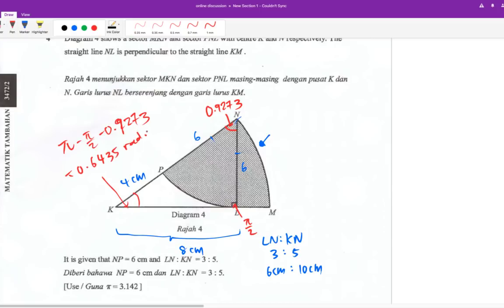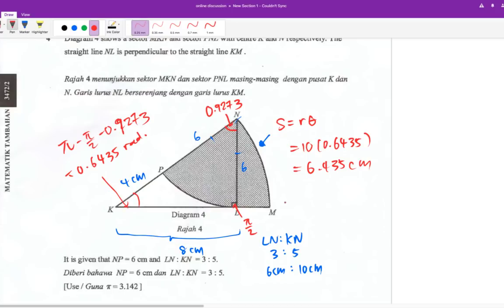Alright, so I have all the angles already. I can find this arc length easily by using the formula S equals R theta. My R for this sector is 10, isn't it? So 10 multiplied by the angle 0.6435, you get 6.435 cm for the arc length N to M.